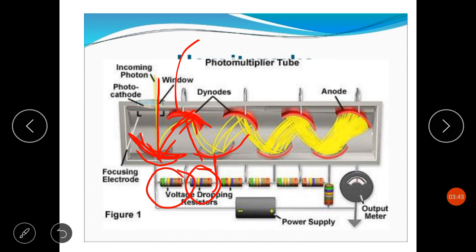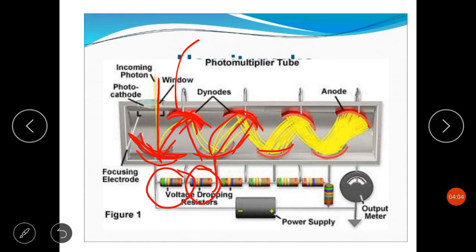Again, more additional electrons get emitted because of this striking. In this way, the more dynodes you use, the more amplification of electrons will occur, and more electrons will be emitted.